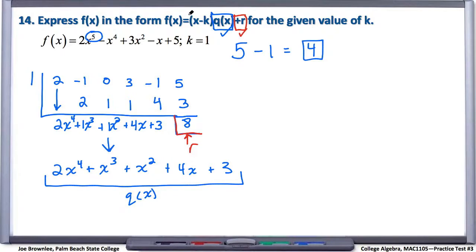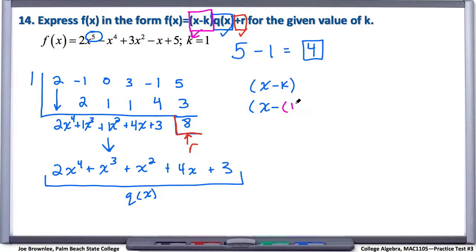And now lastly, we need to find what x minus k is. And the k from the x minus k is the k that they give us. So what we have to do is take this expression, this x minus k, and plug in the k value that we've been given and then evaluate, simplify. All right, so x minus, and what is k?